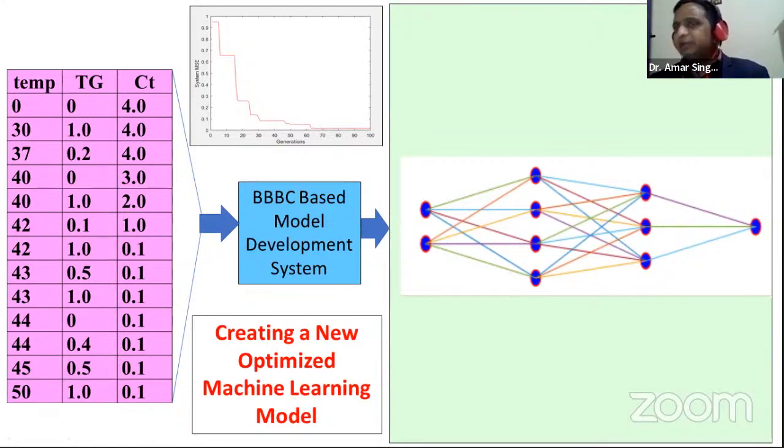I am discussing the Big Bang Big Crunch approach here, but you can apply any search and optimization approach. You can apply a genetic algorithm. You can apply PSO. Any algorithm you can apply. But I observed that BBBC is giving better performance as compared to the existing approaches. So I give the data set to the BBBC approach, and it will evolve the optimum architecture of the neural network for us.